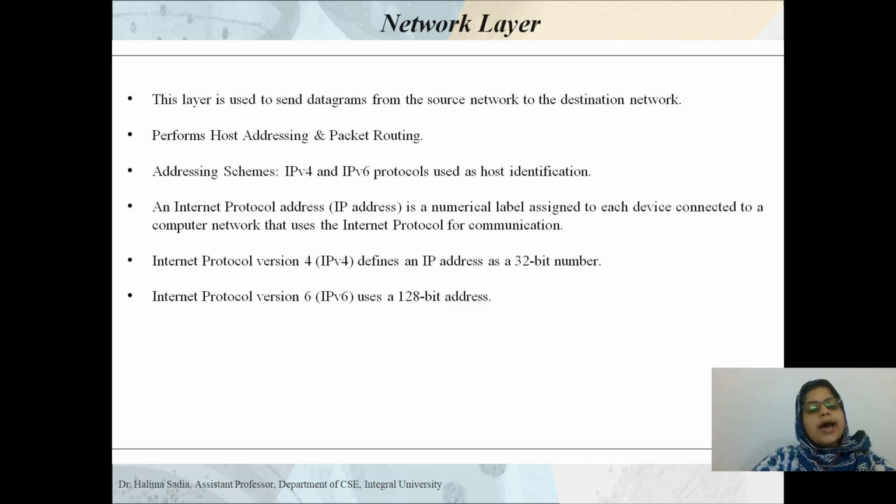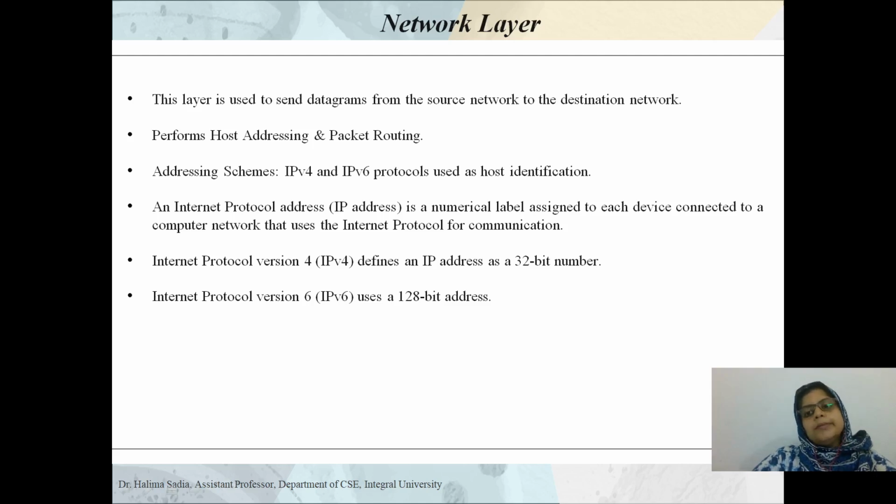Then we also have 6LoWPAN. This is a low power wireless personal area network and is an acronym of IPv6 over low power wireless personal area network, and it is a working group in the internet area of the IETF.